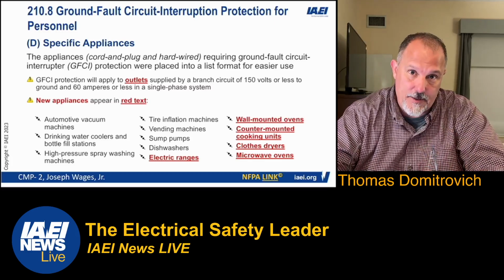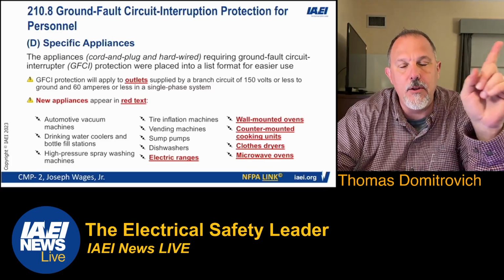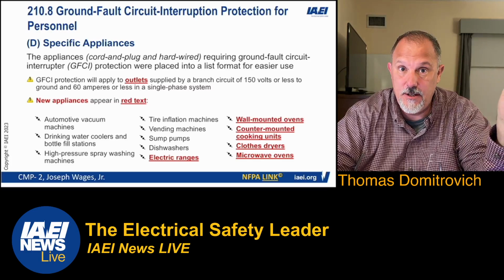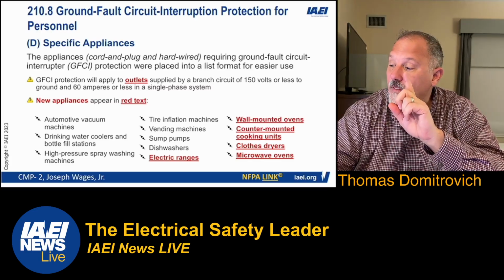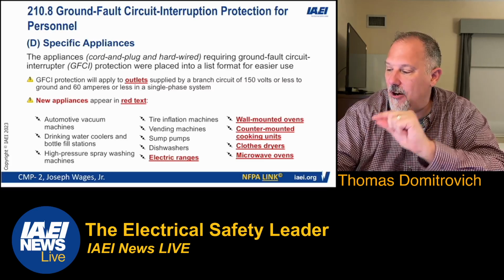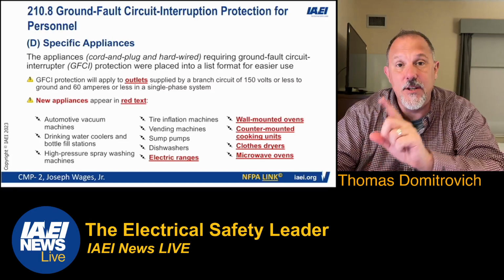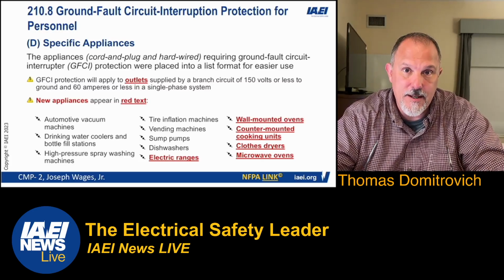Well, that data, though, was filtered through. And remember, we looked at when we did the expansion in kitchens based on the CPSC data. We found that wall-mounted ovens, electric ranges, counter-mounted cooking units, clothes dryers, and microwave ovens all had body counts associated with them.